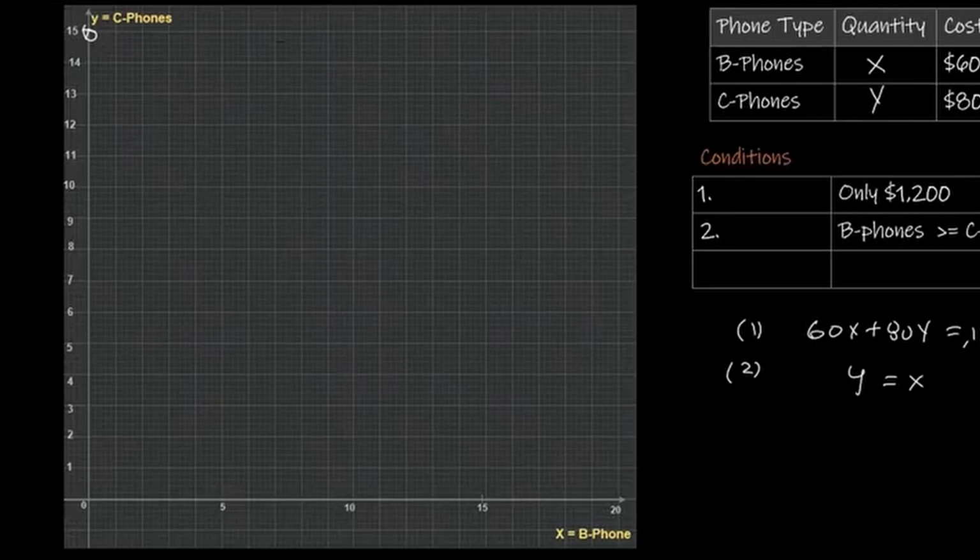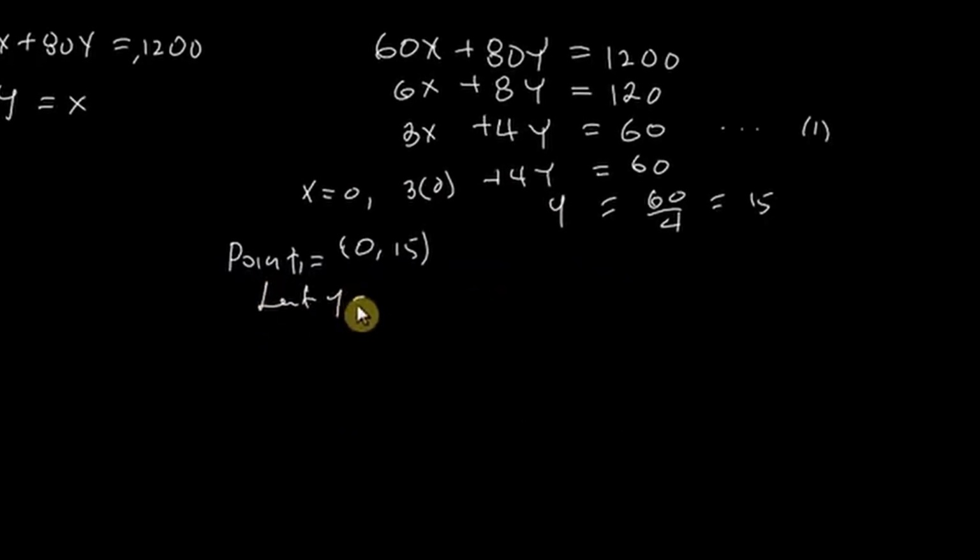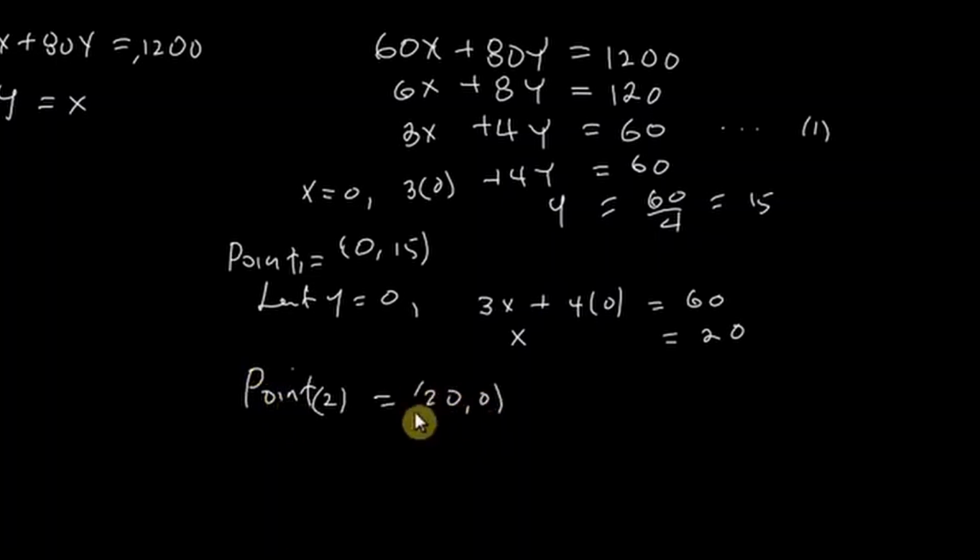For point 2, I would similarly let y be equal to 0 and find the corresponding value for x. If y is equal to 0, then from my equation, I have 3 times x plus 4 times 0 equal to 60, and therefore x is equal to 20. So my second point is (20, 0).